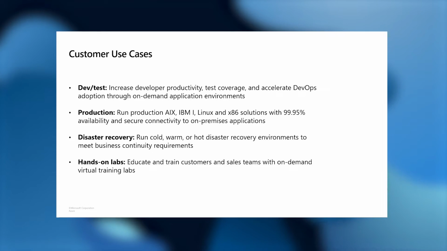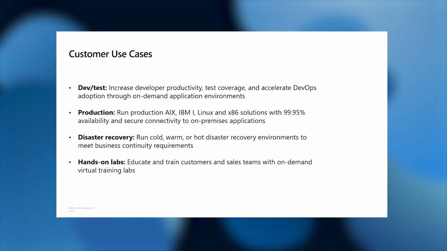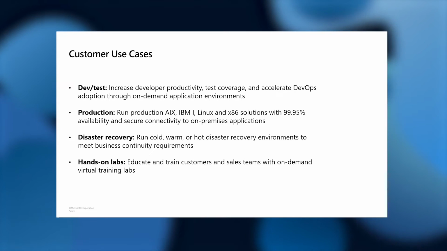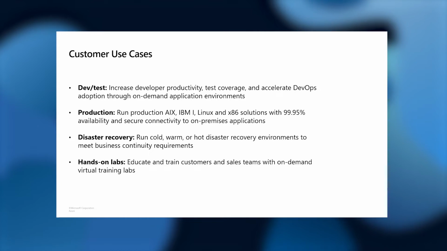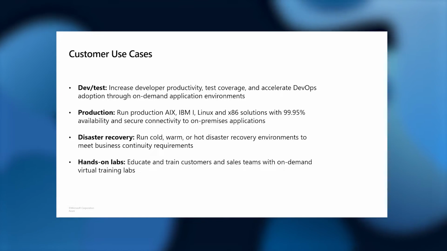For production workloads, you can run production AIX, IBM i, Enterprise Linux, and x86 solutions with an SLA of 99.95% availability. And also, you're able to securely connect your on-premise applications. Now we talk about disaster recovery.